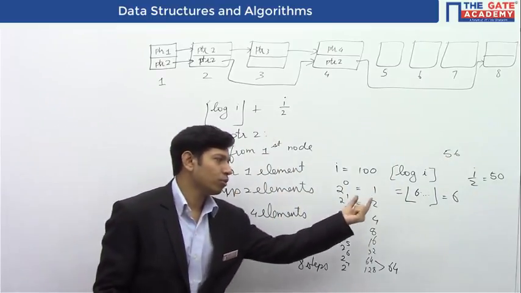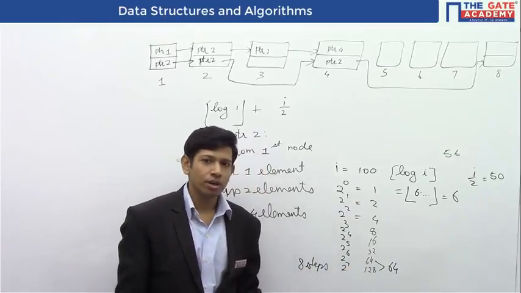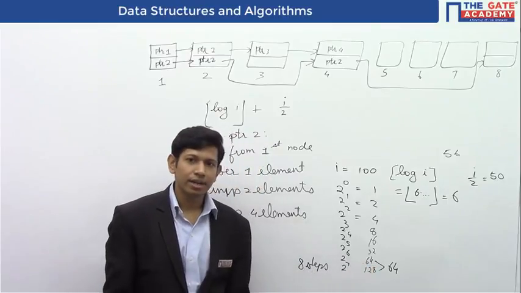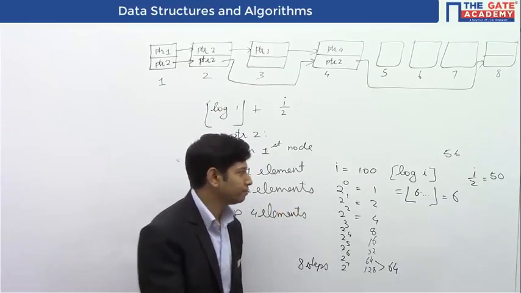By now we have made only 6 moves and we have reached node 64. Now to move from node 64 to node 100, we have to make 36 more moves using pointer 1.